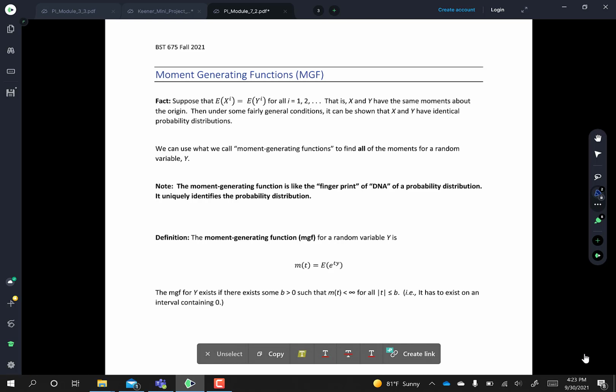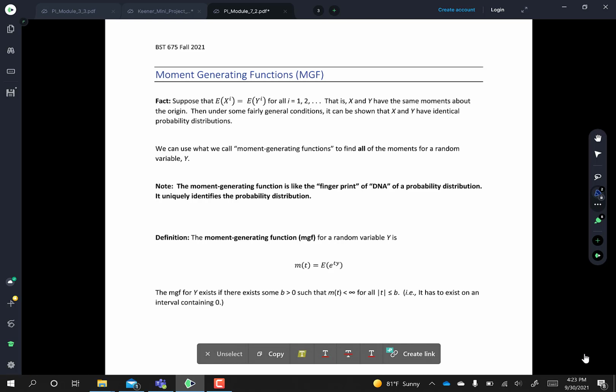So notice what this is saying. This isn't saying if x and y have the same mean. This is saying if x and y have all of the same moments about the origin. So it can't just be that they have the same mean and the same standard deviation. It has to be that all of their moments about the origin are the same. And if that is the case, then we can say that they have identical probability distributions.